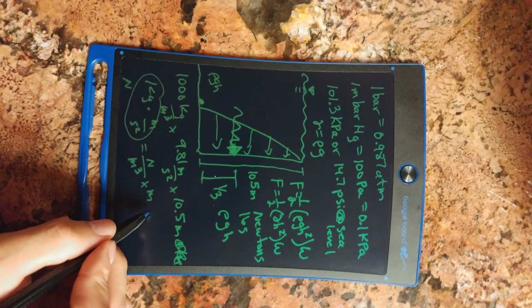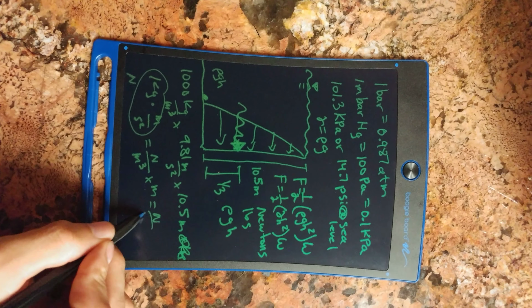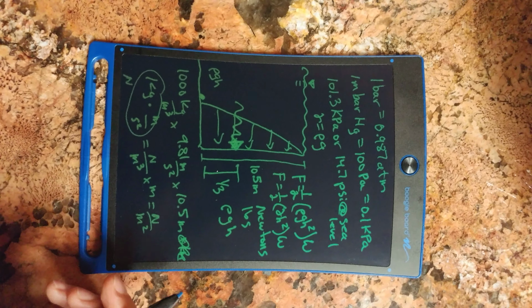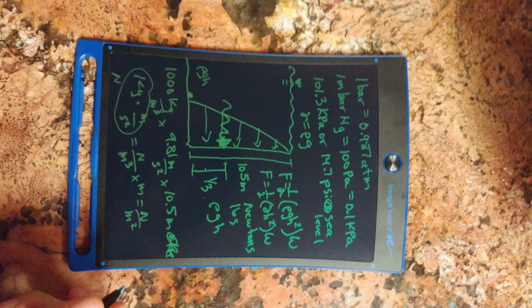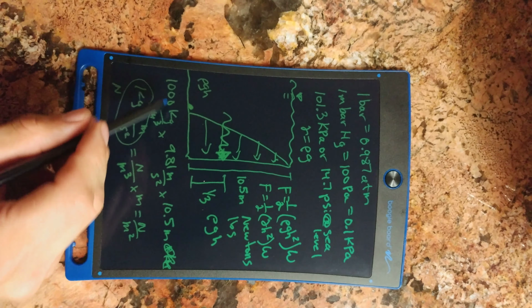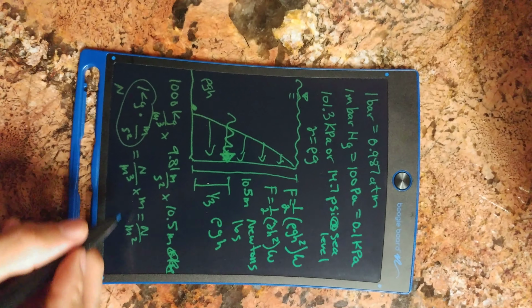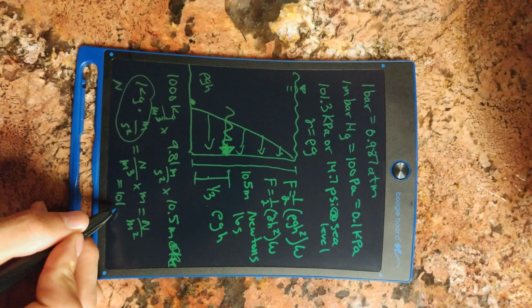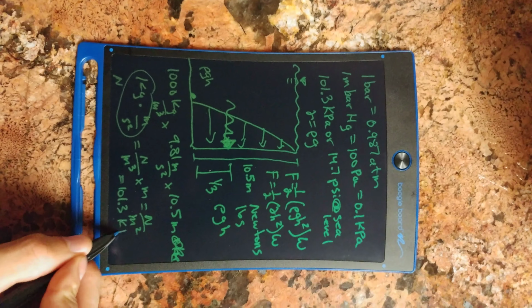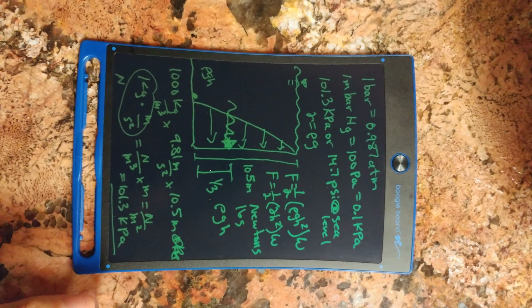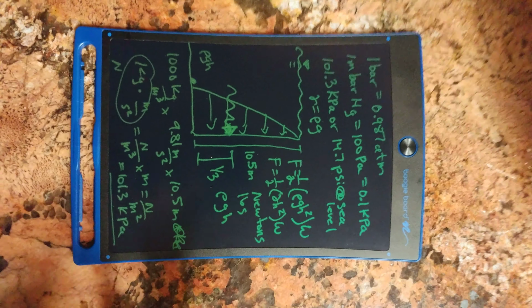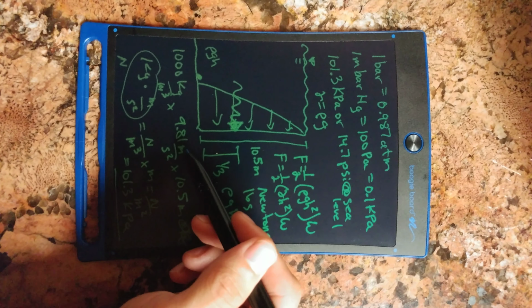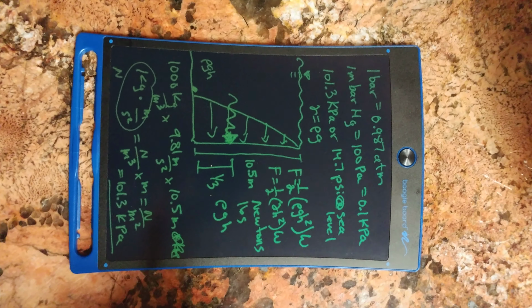So that's newtons per meter squared, which is pascals. 1 pascal is 1 newton per meter squared. So this whole expression is going to be about 101.3 kilopascals. So atmospheric pressure is equivalent of being underwater 10.5 meters.